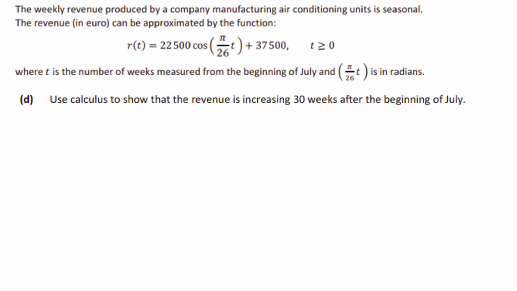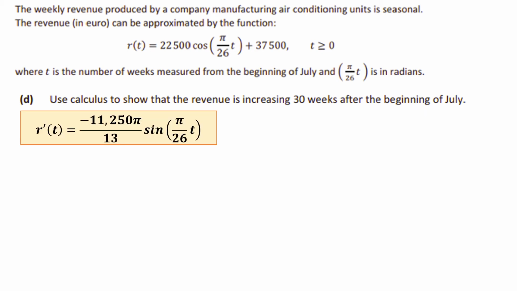So part D then says use calculus to show that the revenue is increasing 30 weeks after the beginning of July. So how we show that a function is increasing is we sub in, in this case, 30 instead of t, into our derivative function. So this is our derivative function here.